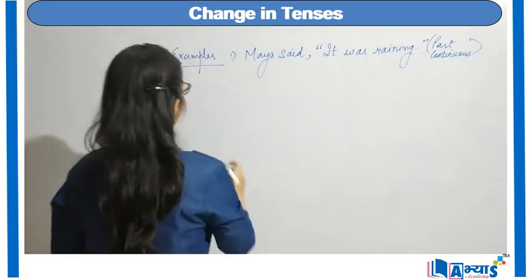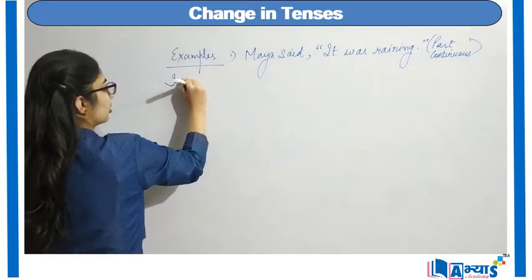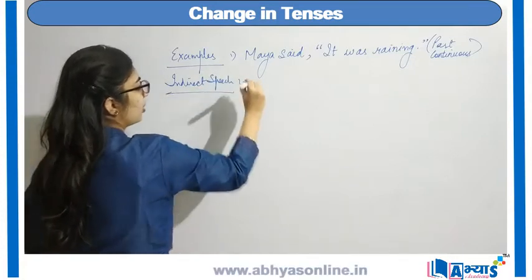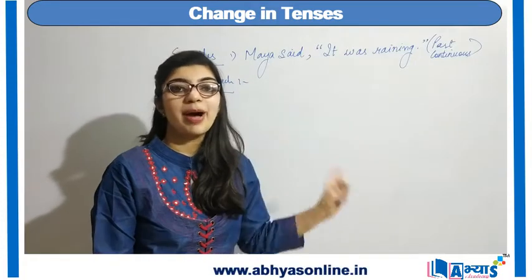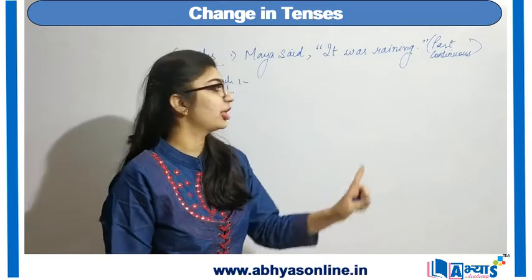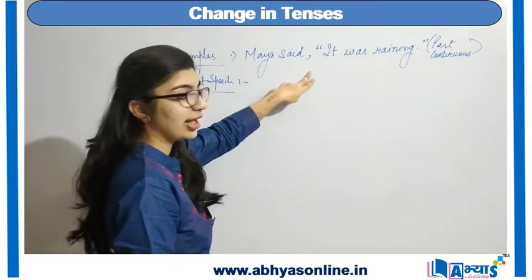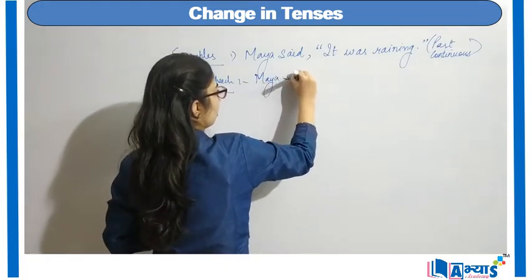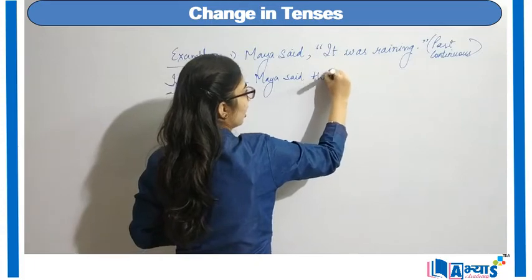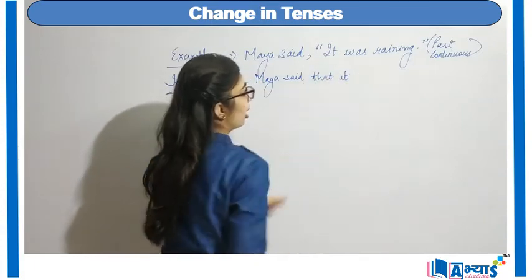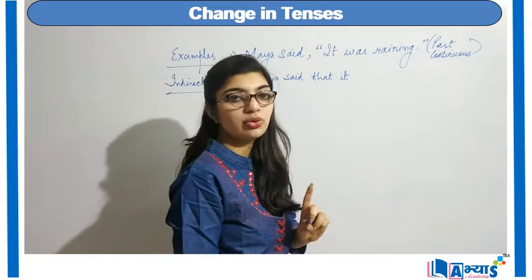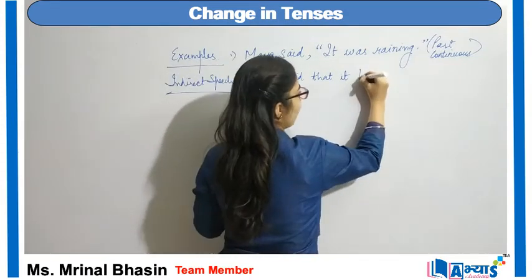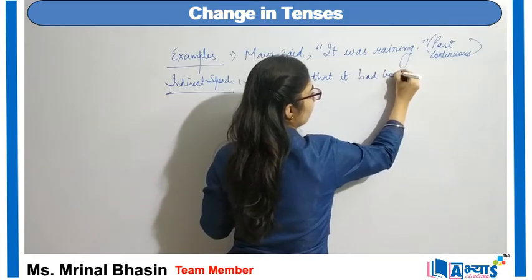So I will say, Maya said that it was raining gets converted to, now for past perfect we make use of had plus been.